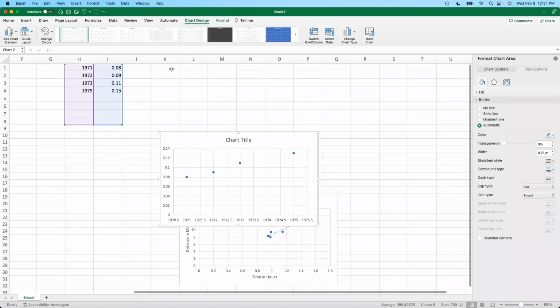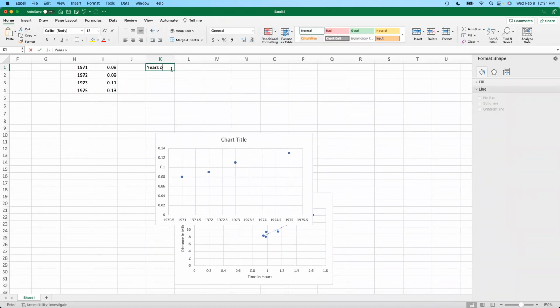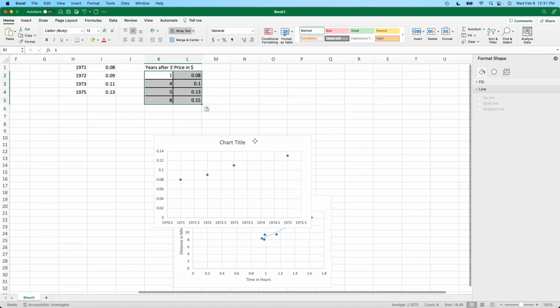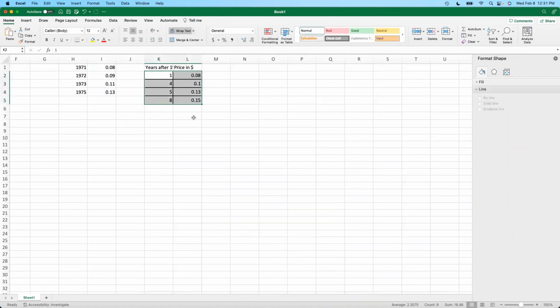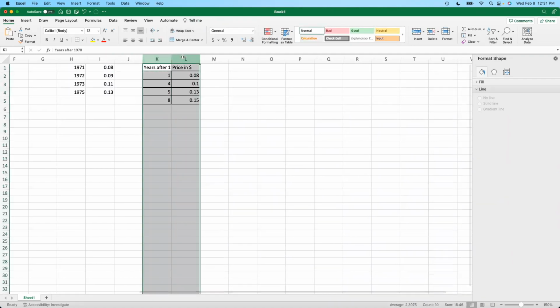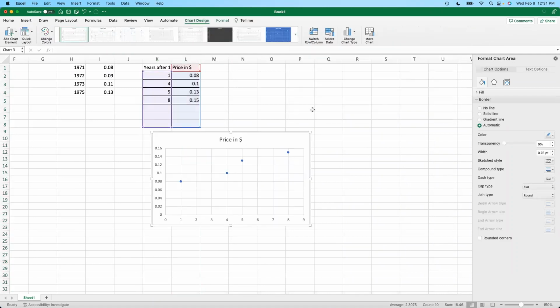So, years after 1970. And then I can insert a graph here, and I'll get a graph that looks like this.